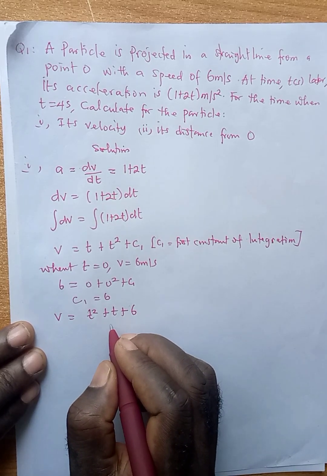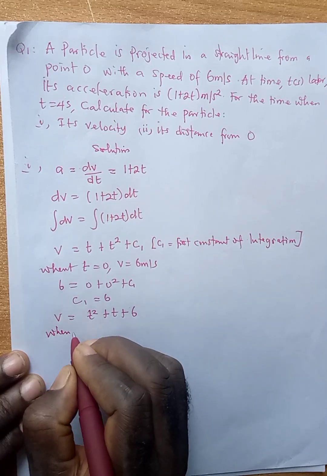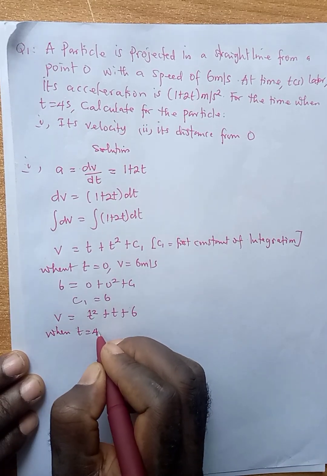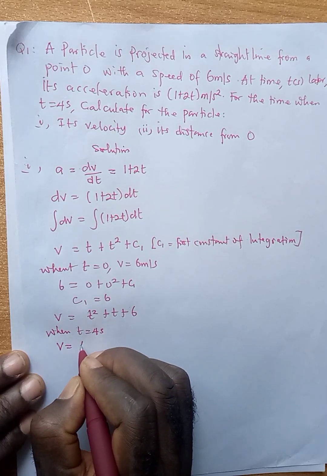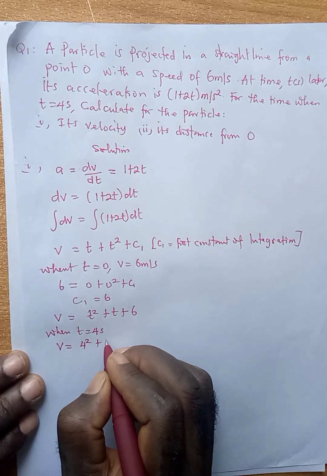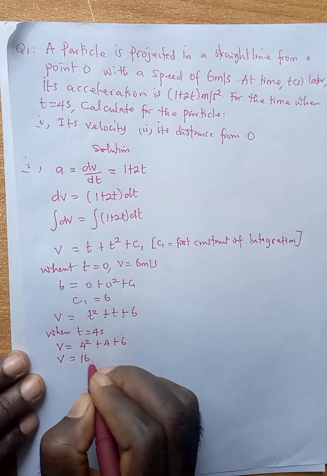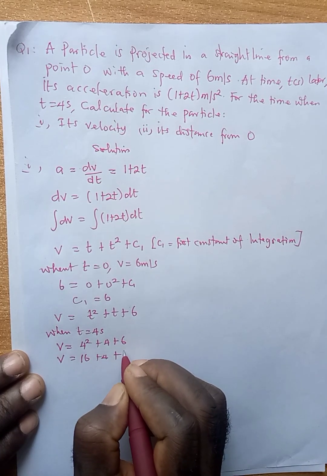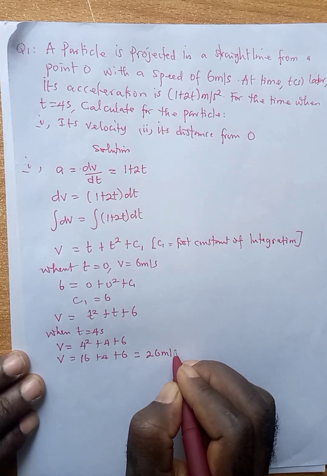This is the velocity function. So when the time is equal to 4 seconds, the velocity will be equal to 4 squared plus 4 plus 6, which is 16 plus 4 plus 6. And this gives 26 meters per second.